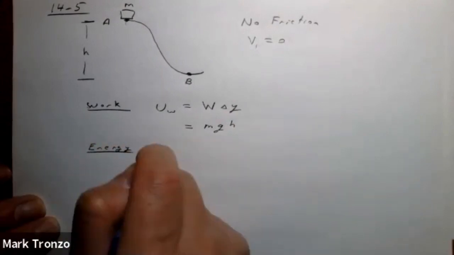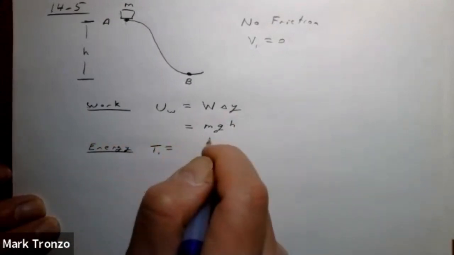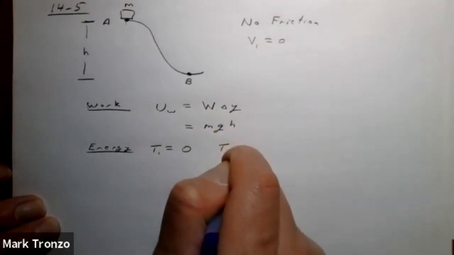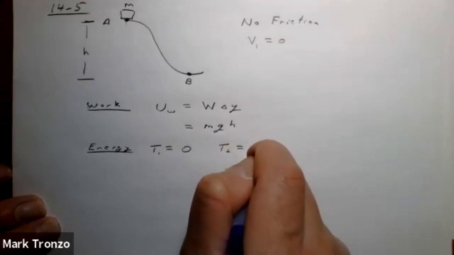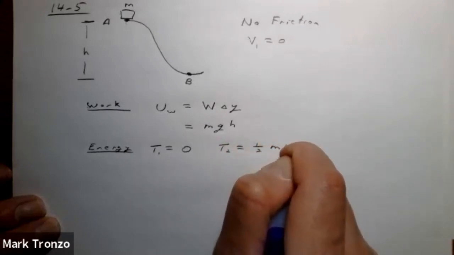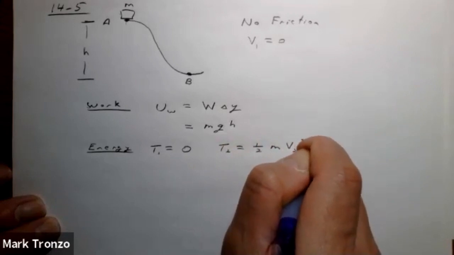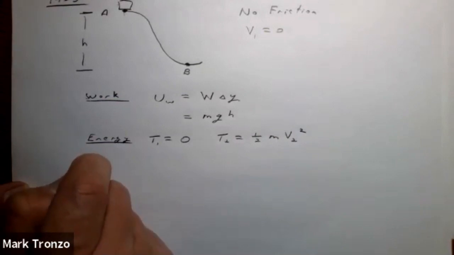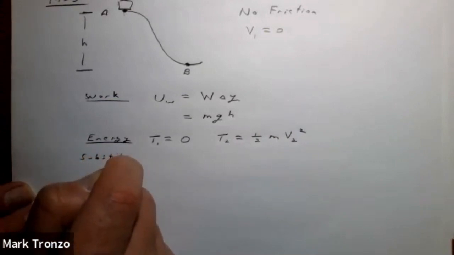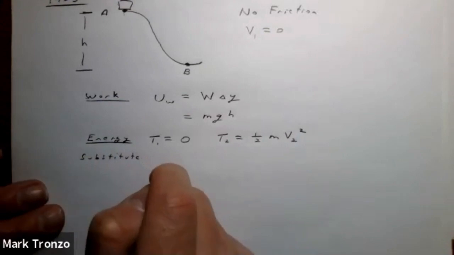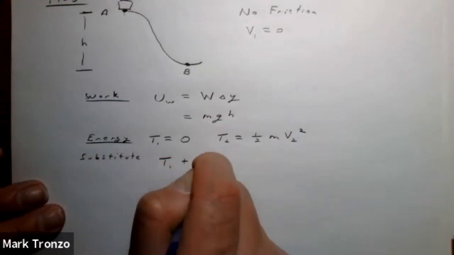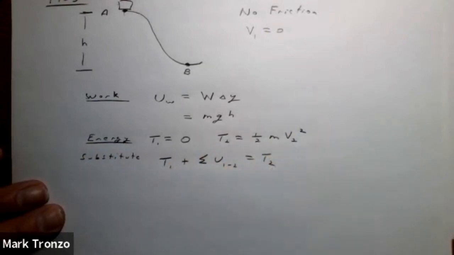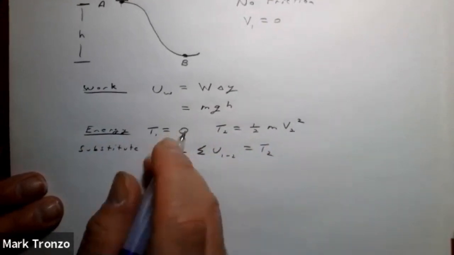Then the energy at T1 is going to be 0 because it's starting at a velocity of 0. T2 is just going to be 1/2 m v2 squared, like that. Then just substitute. T1 and T2. And again, T1 is 0.